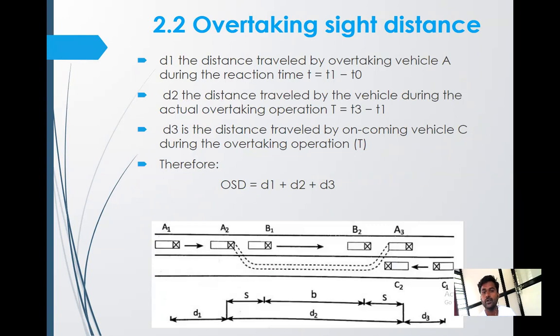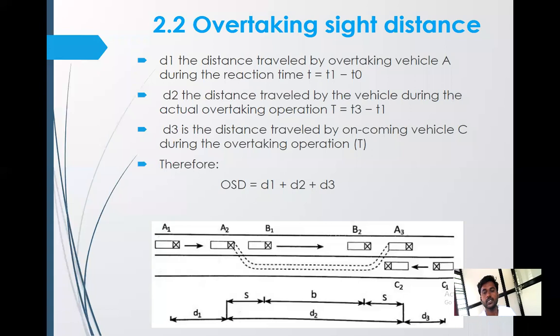D2 is the distance traveled by the vehicle during the actual overtaking operation, capital T equal to T3 minus T1. D3 is the distance traveled by the oncoming vehicle C during the overtaking operation time T. Therefore, overtaking sight distance is equal to D1 plus D2 plus D3. Overtaking sight distance is the total summation of all these distances D1, D2 and D3.